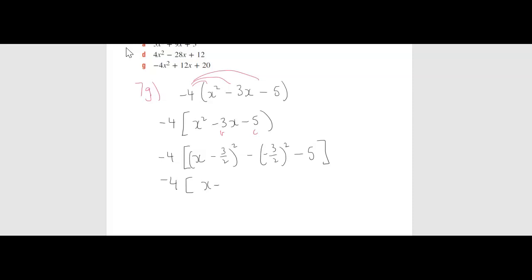All right, so x minus 3 on 2 squared, and then we've got -3 on 2 squared is 9 on 4, and then minus 5, as a fraction with a denominator of 4 is 20 on 4. All right, so we've got -4. Let's keep going. So we've got -29 on 4.